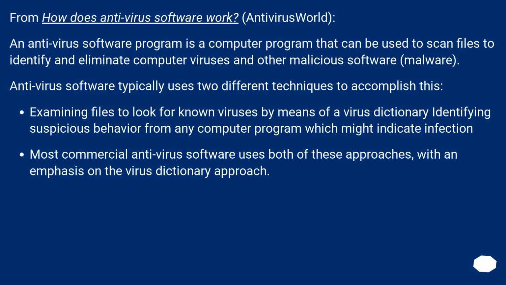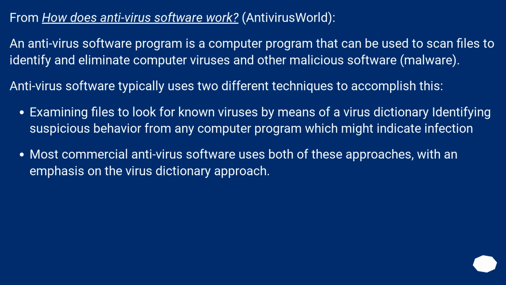From How Does Antivirus Software Work? Antivirus World. An antivirus software program is a computer program that can be used to scan files to identify and eliminate computer viruses and other malicious software, malware. Antivirus software typically uses 2 different techniques to accomplish this.